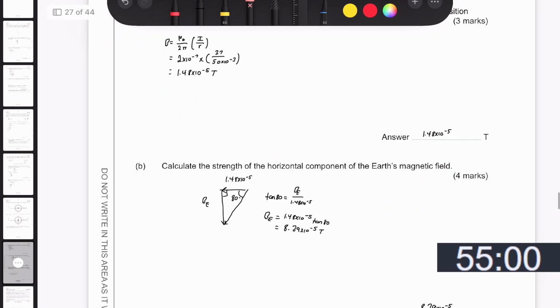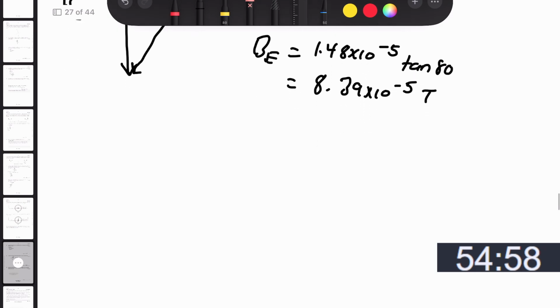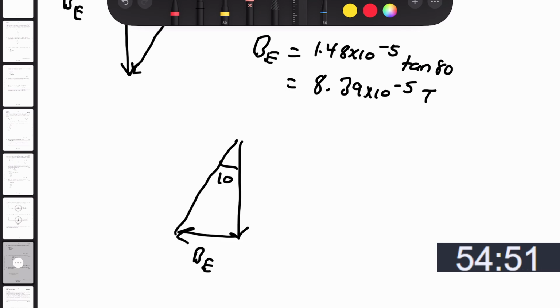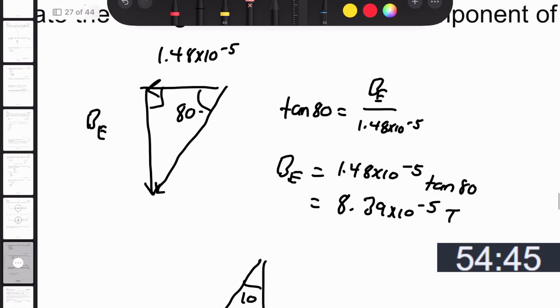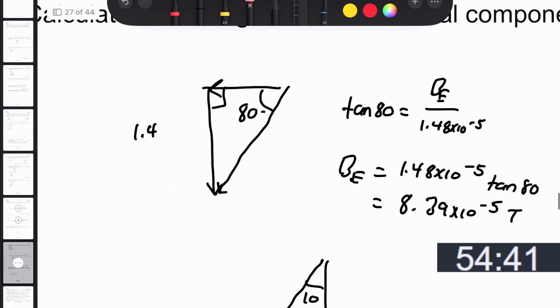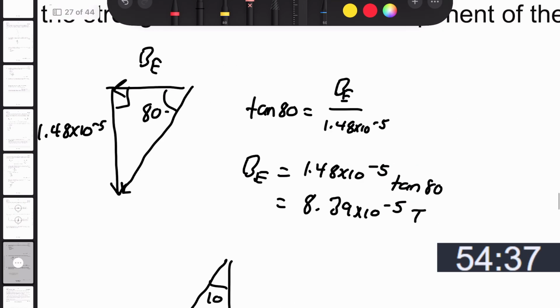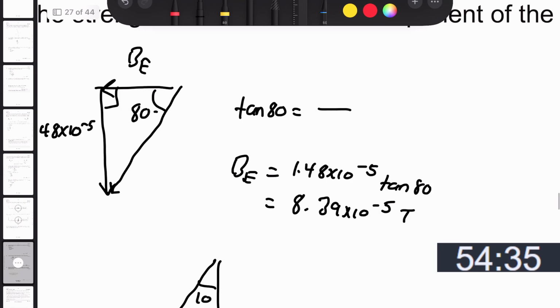That's 80, and this, if I drew it the other way, this would be 10. And going, oh wait, no. This here is 1.48 times 10 to the negative 5, and then this is B. Oopsies.